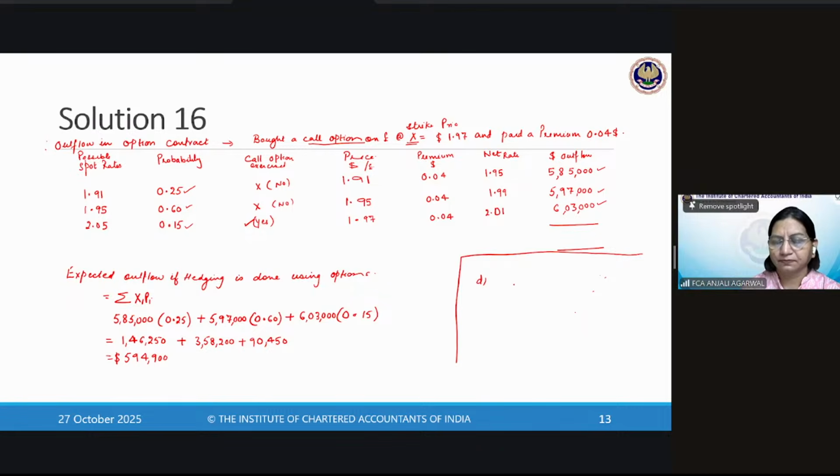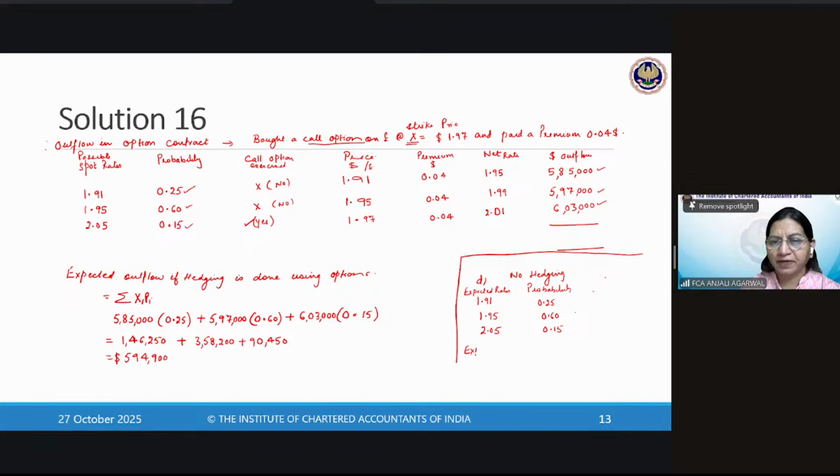For the fourth case, we will take directly the spot rate if given, and here it is not given. Then we will take the average of the expected, forecasted rates along with the probabilities. So, expected spot rates: 1.91 with a probability of 0.25, 1.95 with 0.60, and 2.05 with 0.15.